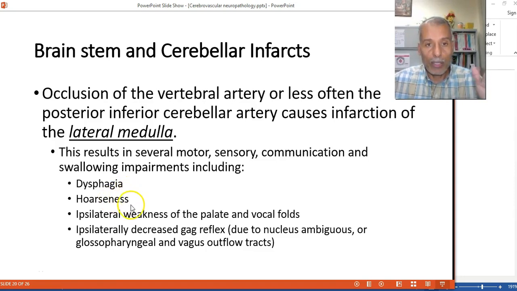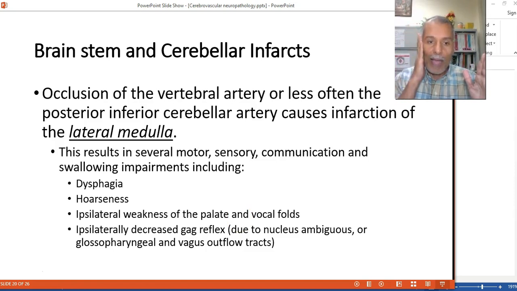If there's damage in the sides, it will affect roots of some cranial nerves that enable us to do certain things. And then ipsilateral weakness of the palate and vocal folds. Ipsilateral means damage on the same side as the infarction.